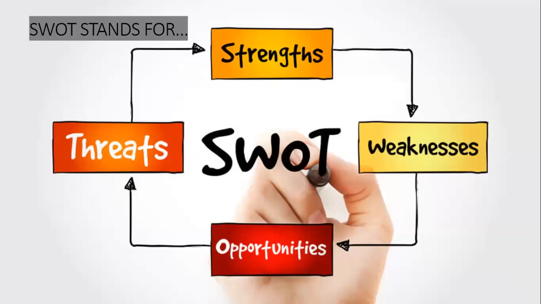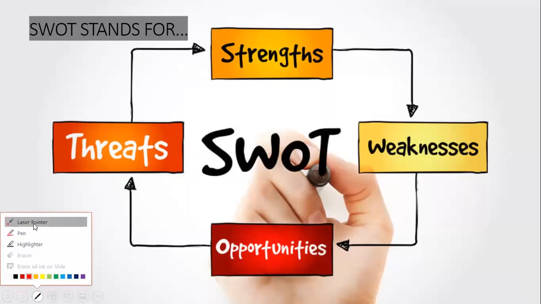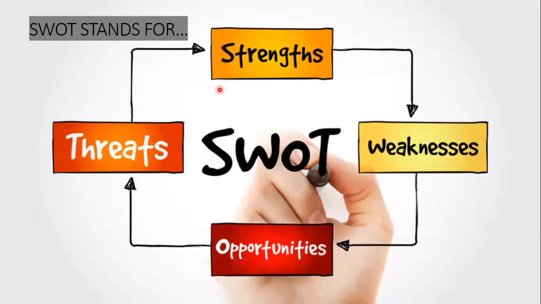And that takes me to this slide, which is something I've been telling you many times, just in 1 minute. So SWOT stands for letter S for strengths, as we can see here in the picture. I'm going to use my laser, I like it. We use S for strengths, W for weaknesses, O for opportunities, and T for threats.